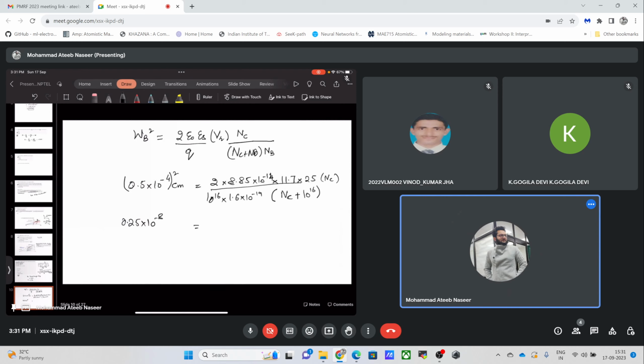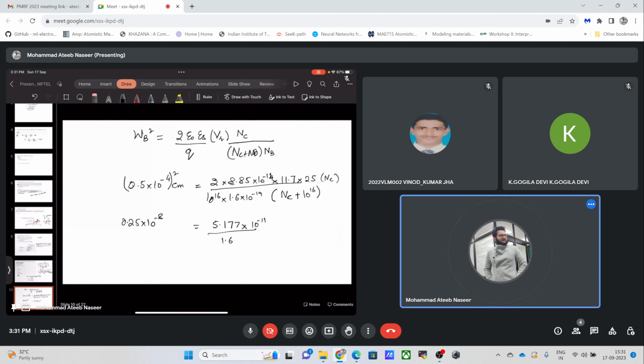So let's basically solve this. 2 into 8.85 into 11.7 into 25 comes out to be equal to 5.177 into 10 to the power of 3, so it is 10 to the power of minus 11.